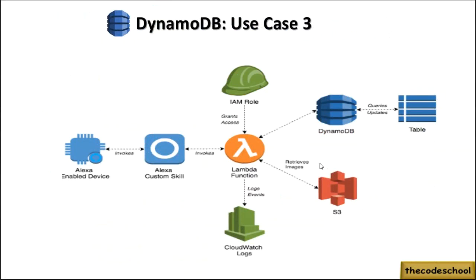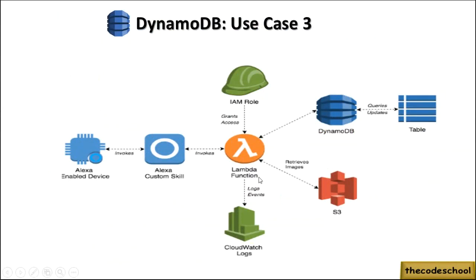And for that, there are a couple of assistance services like IAM, CloudWatch, and S3. So IAM can help to control the access, validate the user authentication and authorizations. And CloudWatch basically writes all the logs.